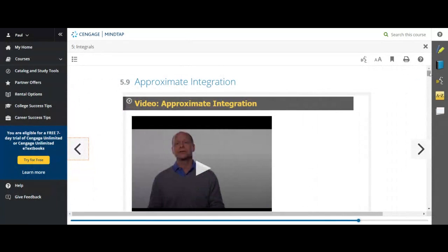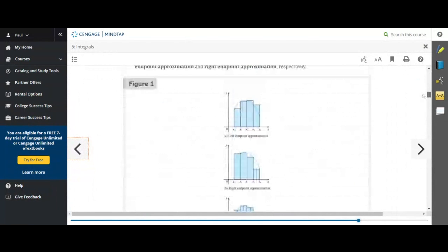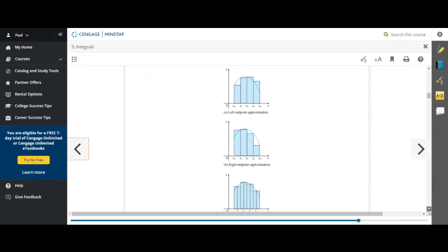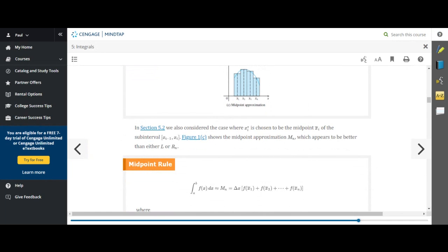And like here in figure 1, we're focusing now on the midpoint rule, which in figure 1 is the third picture. There you're trying to approximate the area under a curve, and you divide the distance from A to B into subintervals.